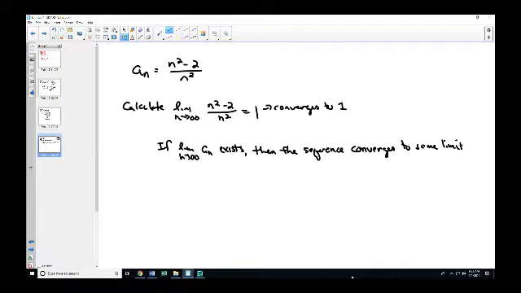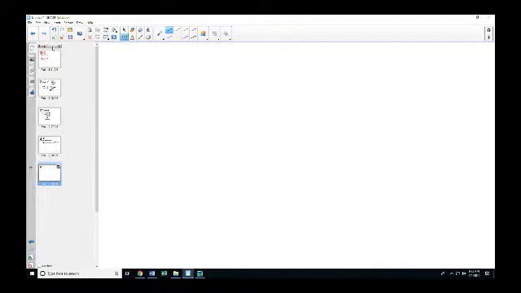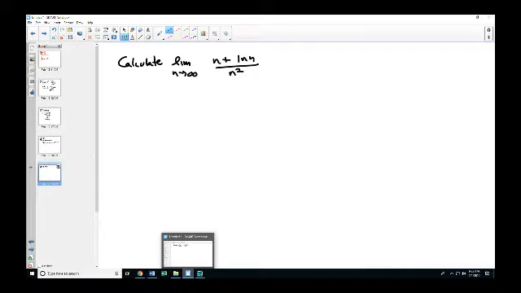Here's a good one. This is our last example. The sequence is n plus natural log of n over n squared. Okay, what do you get when you plug and chug?